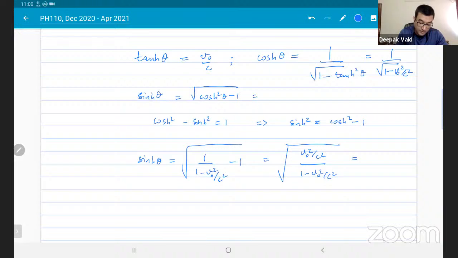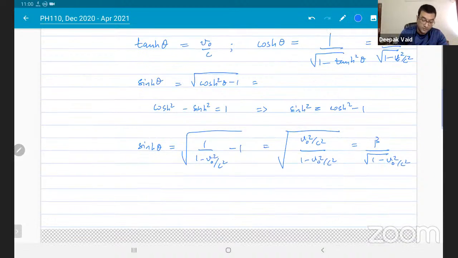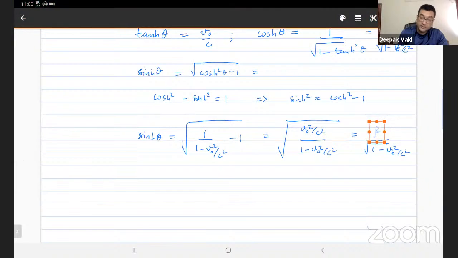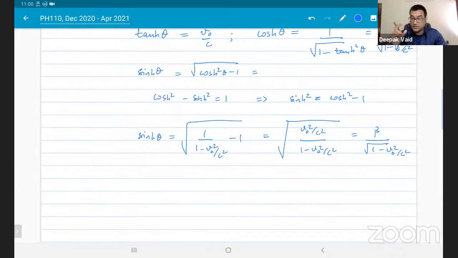So this becomes beta divided by root of 1 minus beta square. Now beta is the velocity in units of the speed of light, V naught by c. And this factor that we keep seeing again and again is called gamma. So this is called the Lorentz factor.